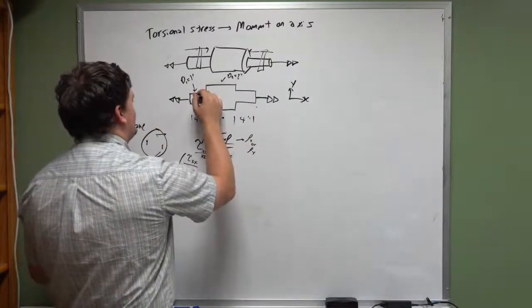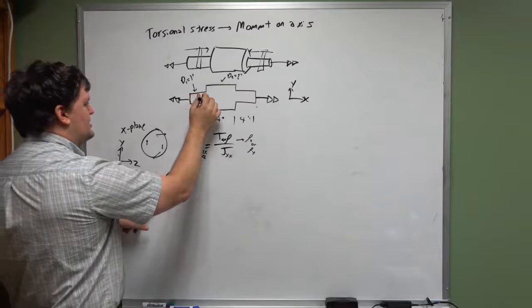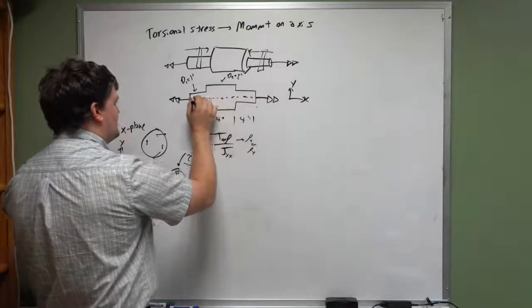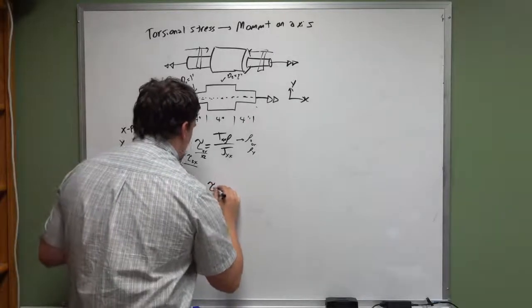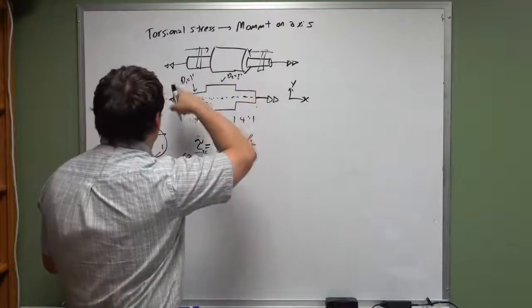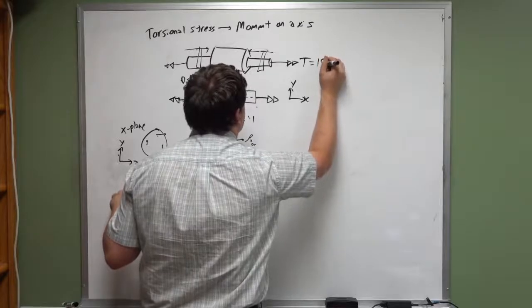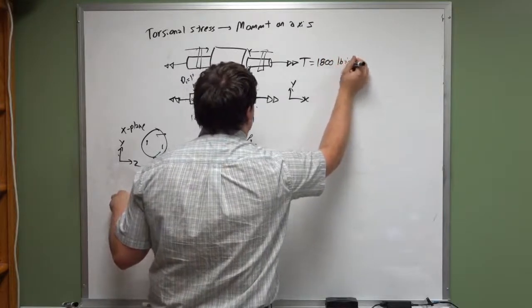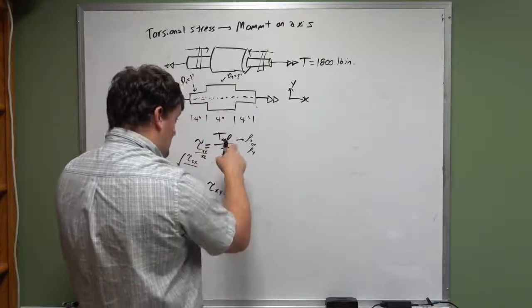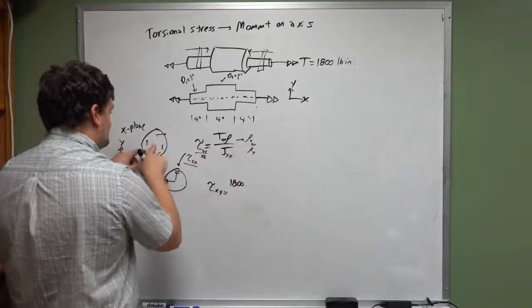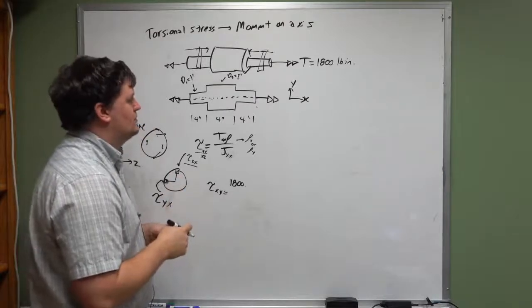Let's say we're going to figure out tau yx, which is located along this plane right here. Tau xy is equal to, we've got our, oh, I didn't ever say what T was. Let's say T is equal to 1,800 pound-inches. Okay, and that's going to equal 1,800 times our rho, which is the distance from the center to where we're calculating the stress.